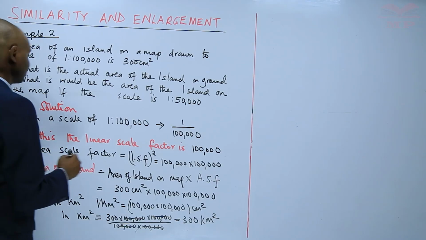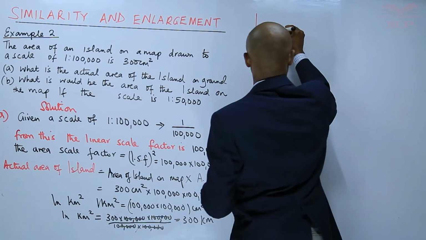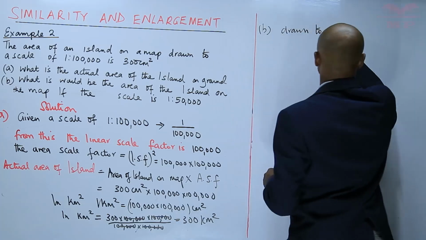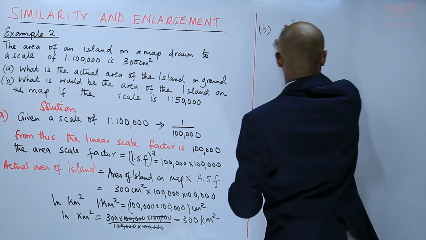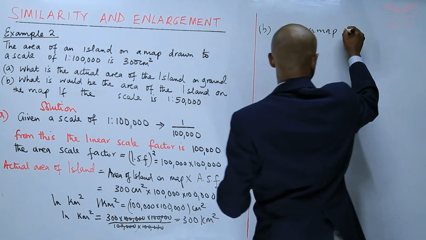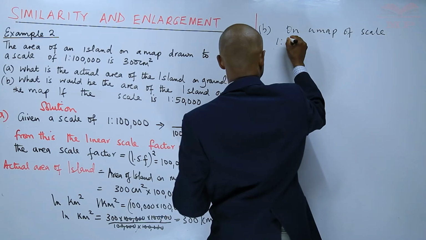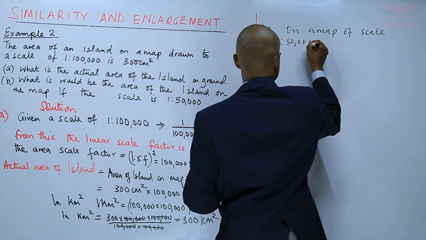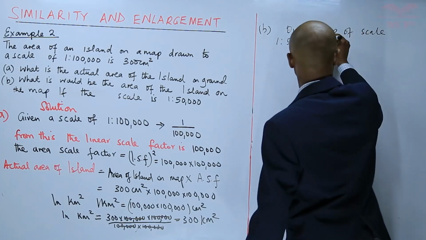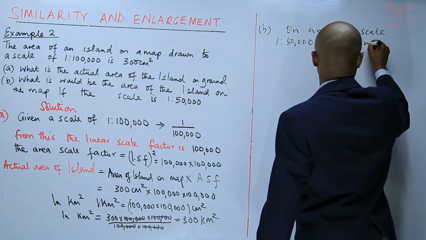Now, when we compare B, drawn on a map of scale 1:50,000, the map would be bigger.